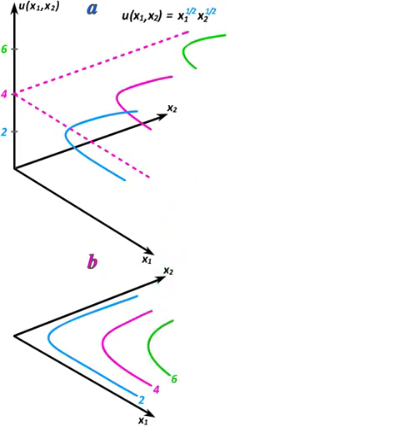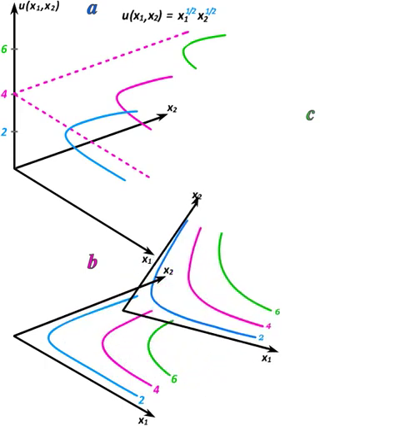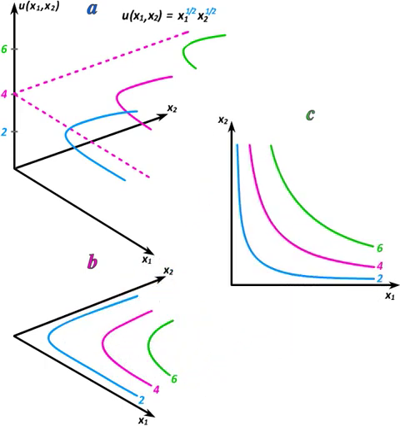We can furthermore indicate which of the curves attains what utility level by simply transferring the number of the utility level at which we took the horizontal slice in panel A of the graph. We can then straighten out our x1, x2 plane to get our usual graph of indifference curves.